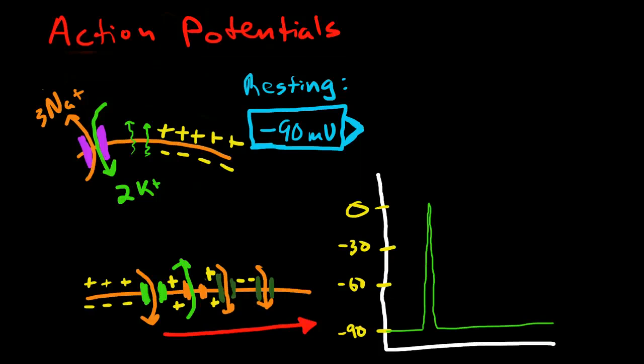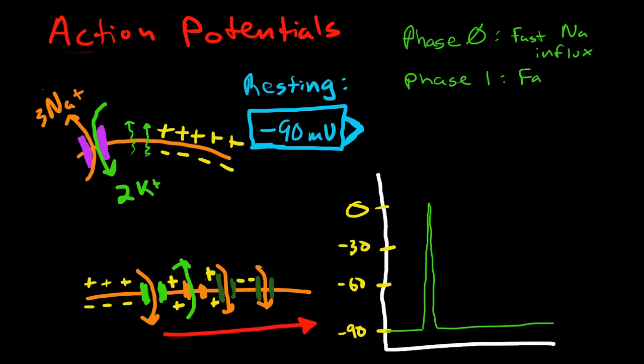So with a nerve action potential, we have two phases. We have what's called phase 0. I don't know why it's called phase 0 and not phase 1, but that's what it's called. Phase 0 is fast sodium influx. And then we have phase 1, which is fast potassium efflux.